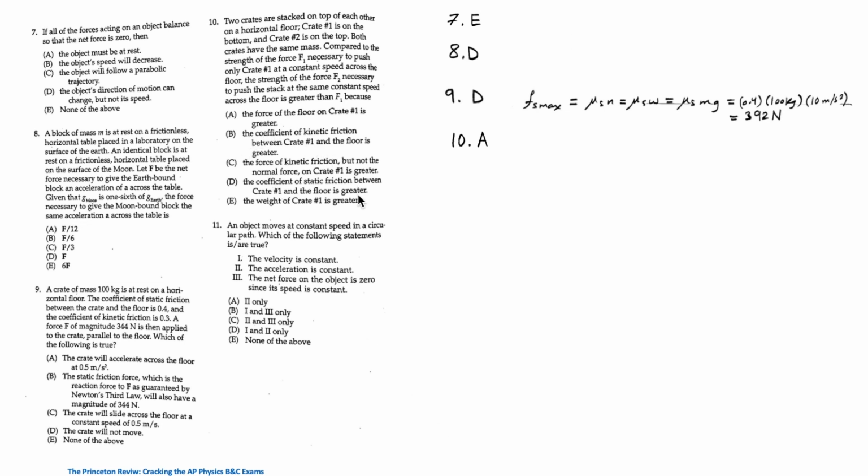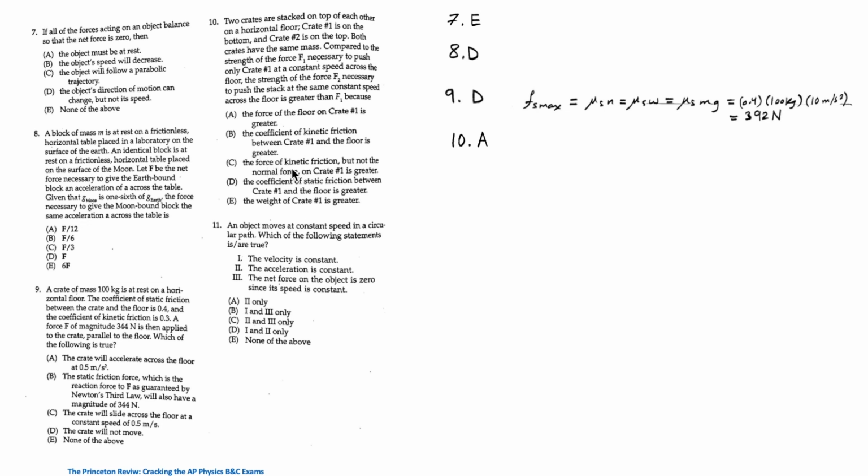So all of these remaining statements are false, okay? Here, the coefficient of kinetic friction between crate 1 and the floor is greater. This is false because the coefficient of kinetic friction does not change. Only the normal force changes, okay?